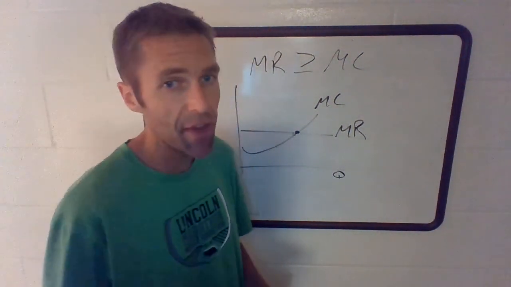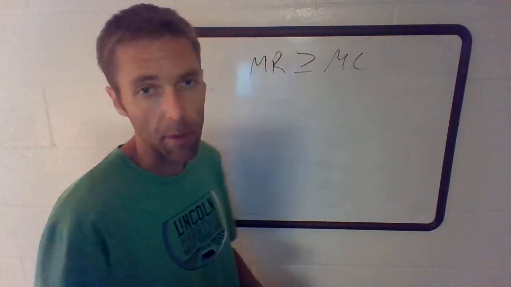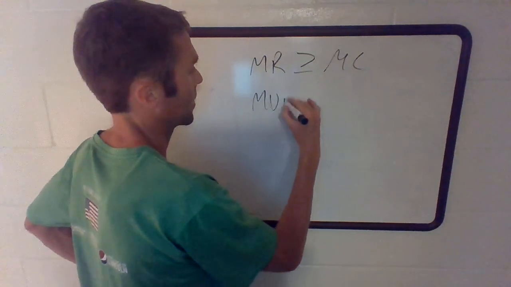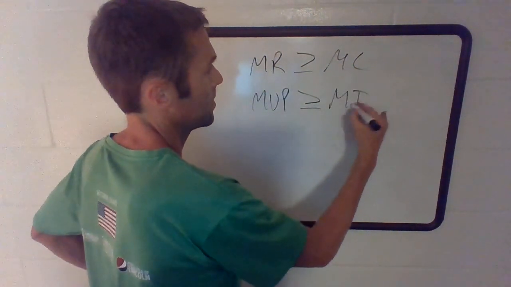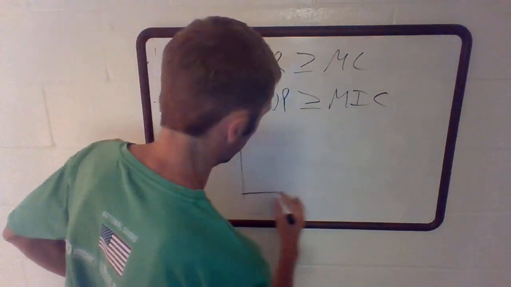Now we refine this decision rule. We say, no, what we really need to do is produce so long as something called the marginal value product is greater than or equal to the marginal input cost. And that is slightly different.